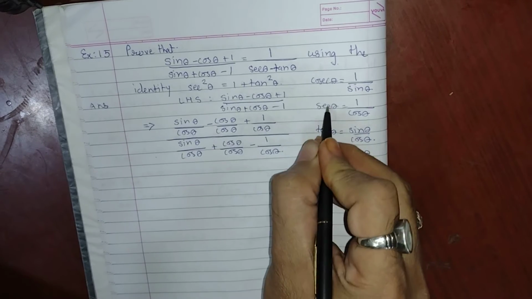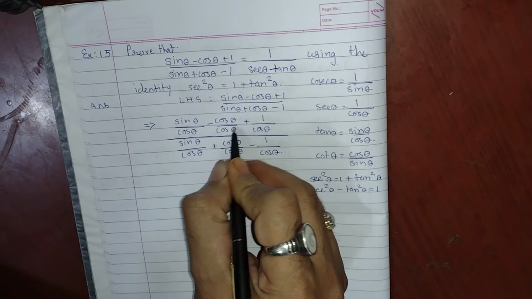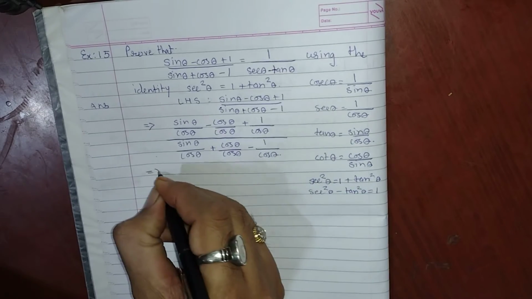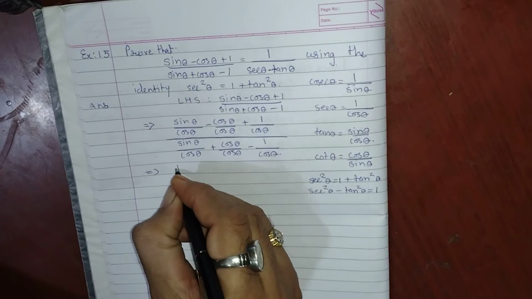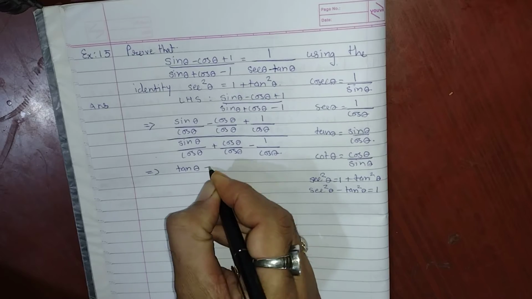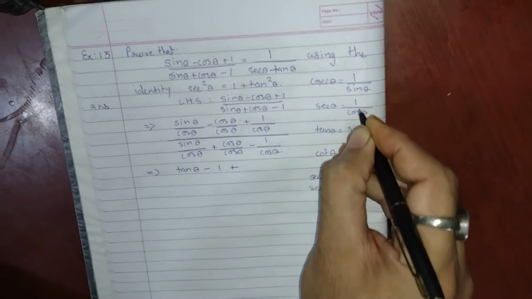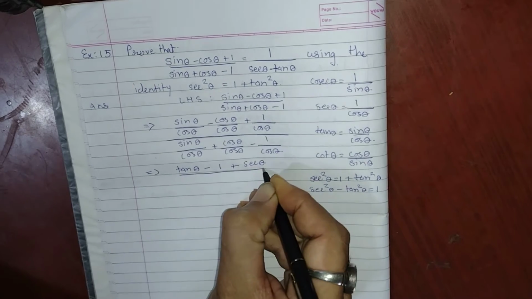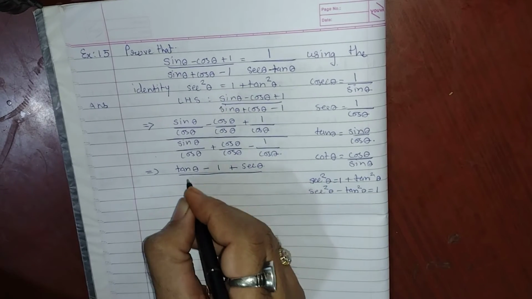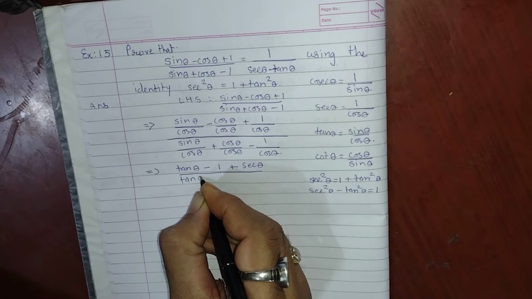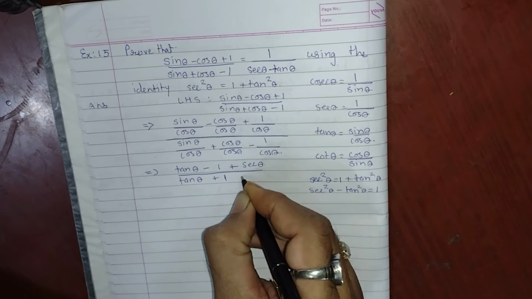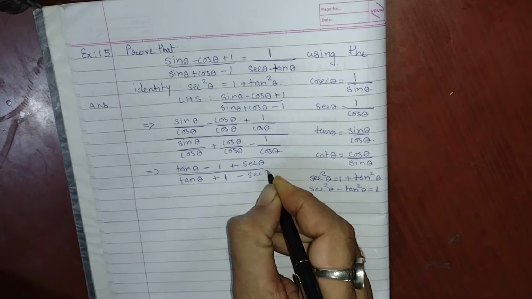Now in place of all these ratios we will write what we have written at the side. Sine upon cos is tan, so tan theta minus 1 plus 1 upon cos is sec, so we write sec theta. In the denominator, sine upon cos is tan, plus cos upon cos becomes 1, and this becomes minus sec theta.